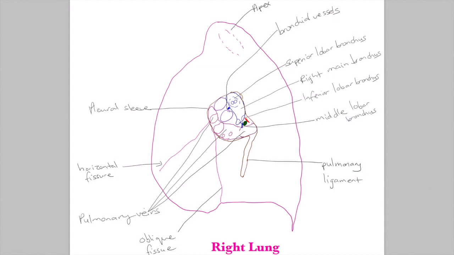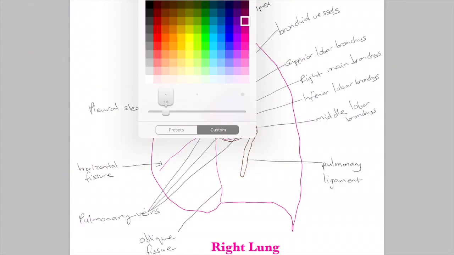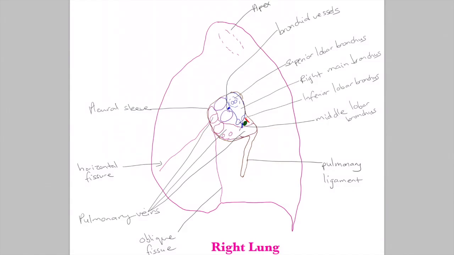So what we have there is the esophageal area. So let's label that esophageal area. So 1, apex. 2, esophageal area.